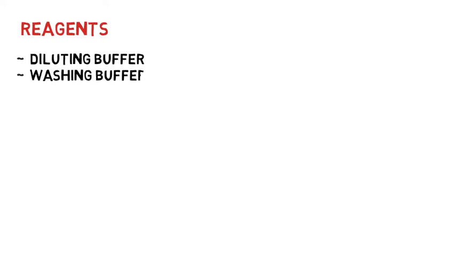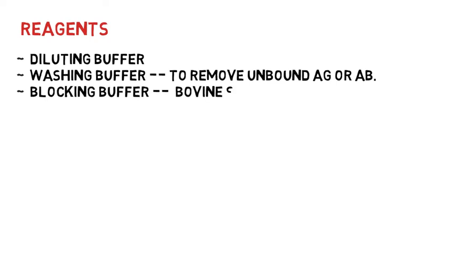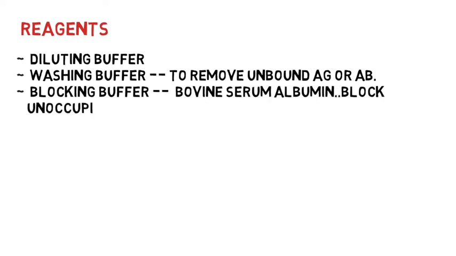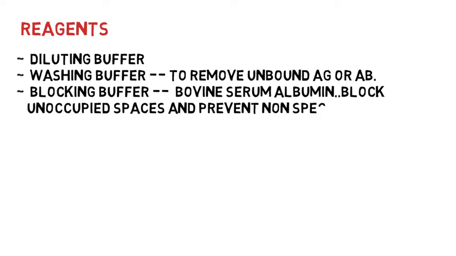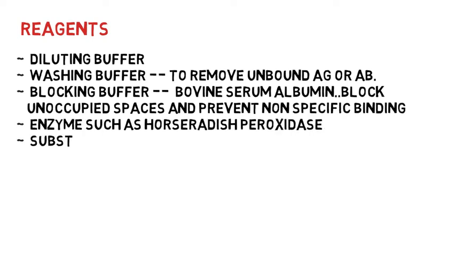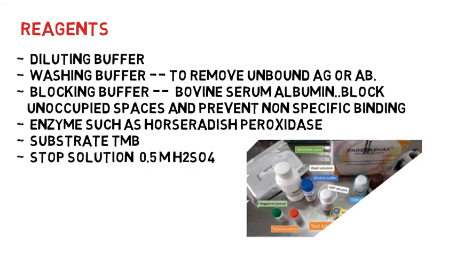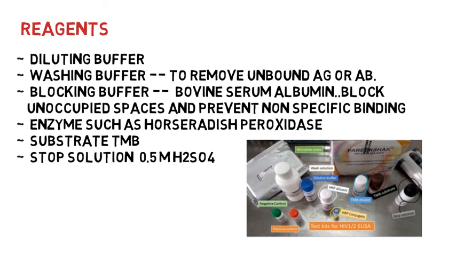The reagents available in the ELISA kit include dilution buffer, a wash buffer to remove unbound antigens or antibodies, a blocking buffer, that is bovine serum albumin, used to block unoccupied spaces in the well and prevent non-specific binding, enzyme conjugate, a substrate, and a stop solution, that is 0.5 molar H2SO4.